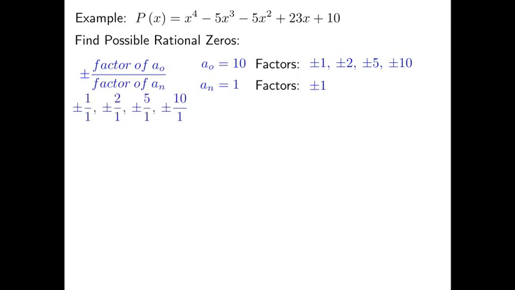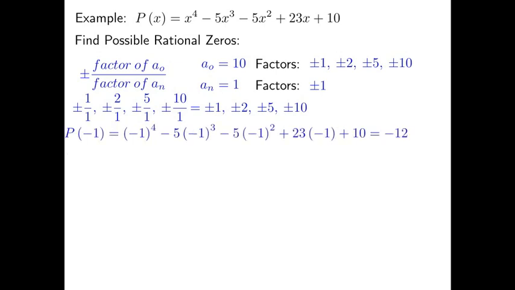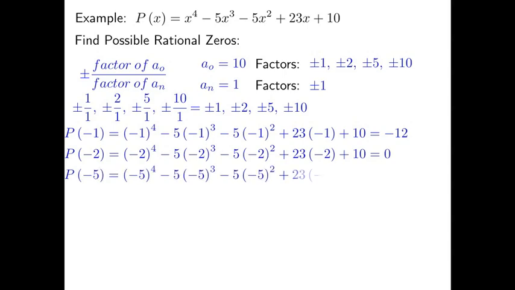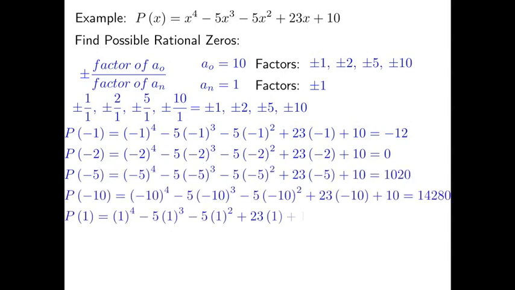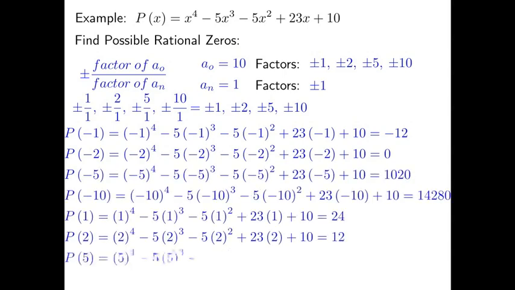Now we have to do all of our combinations, and then simplifying we see we get plus or minus 1, plus or minus 2, plus or minus 5, and plus or minus 10. So we have 8 potential zeros of this polynomial. Now we need to go through and see which ones are actual zeros by doing some quick calculations.